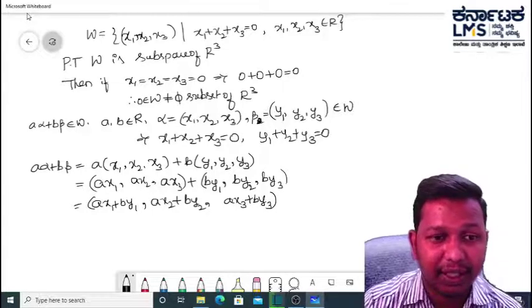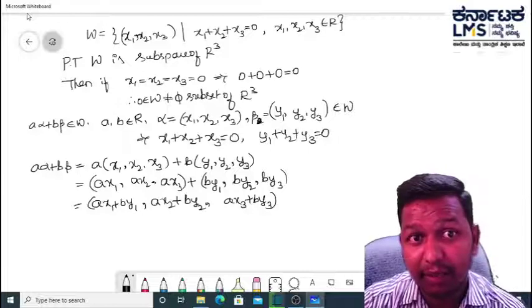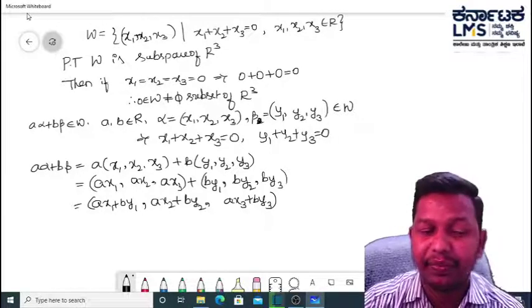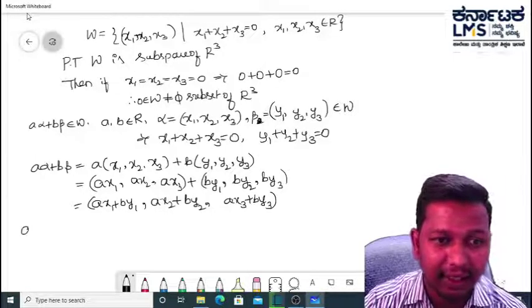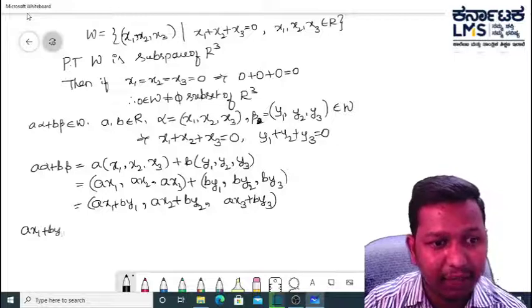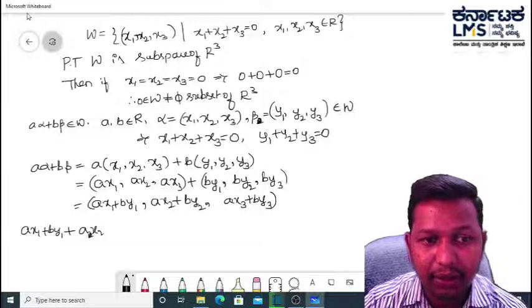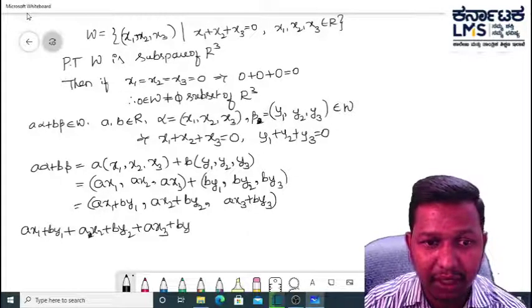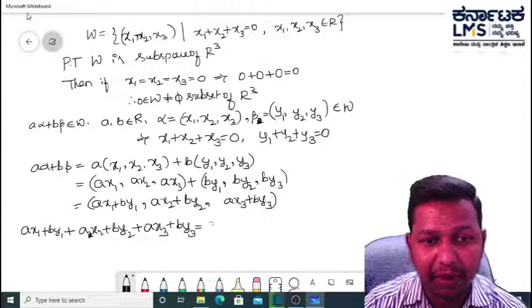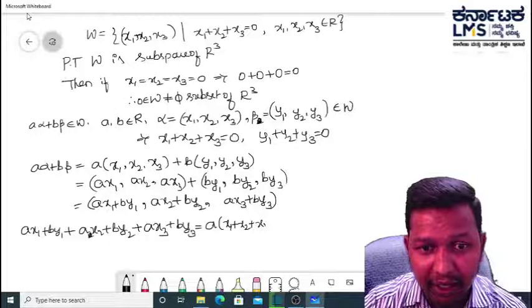Now we have to verify whether these coordinates satisfy our condition x1 plus x2 plus x3 is equal to 0. Therefore, I consider the sum of all the coordinates, that is ax1 plus by1 plus ax2 plus by2 plus ax3 plus by3, which is equal to a times x1 plus x2 plus x3.